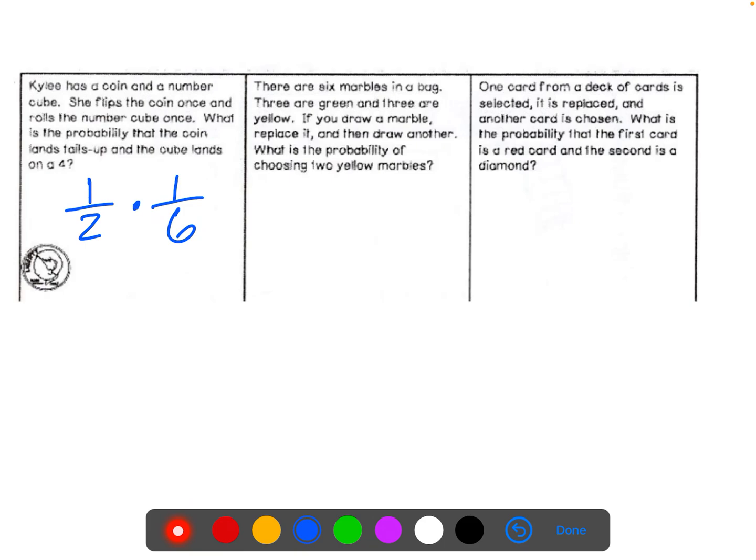So we need to multiply them. Remember, when you multiply fractions, you're just multiplying the numerators and then the denominators, and that would give us a probability of 1 out of 12 that this outcome would happen. Okay? Again, that's how it would work for the independent events that we were talking about. And again, I think all of these are independent events.